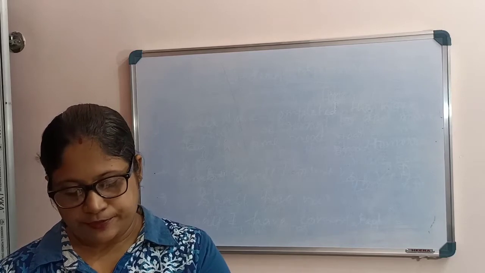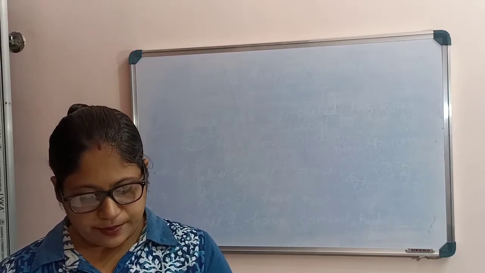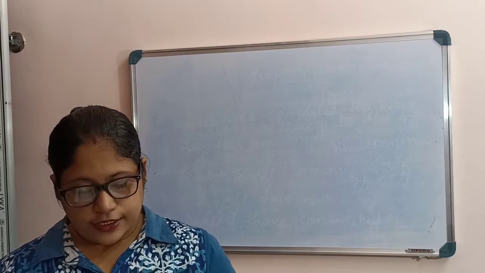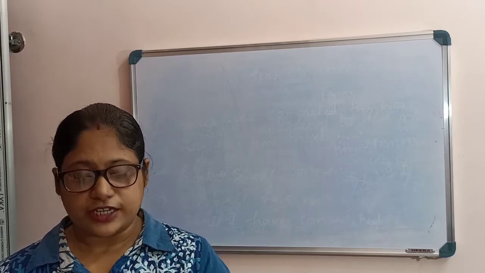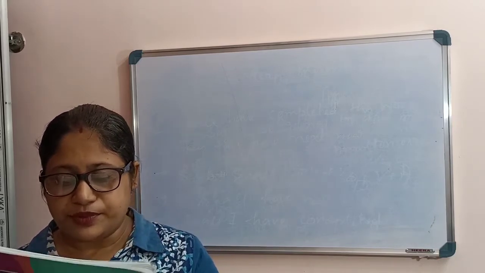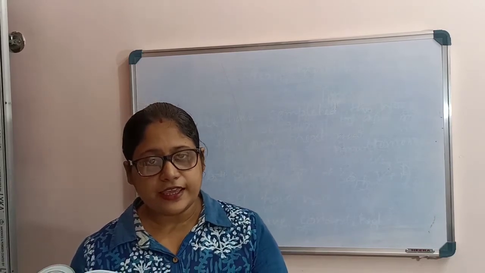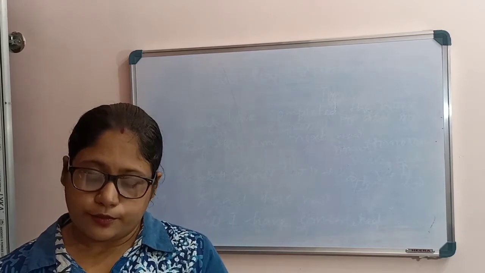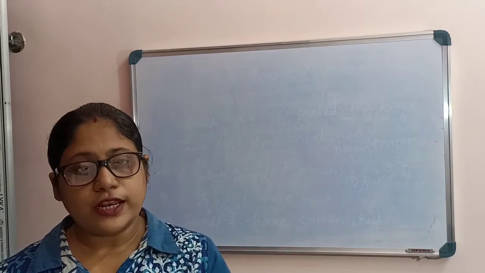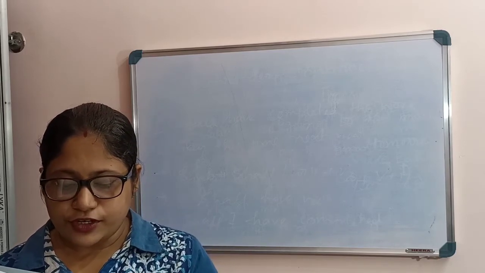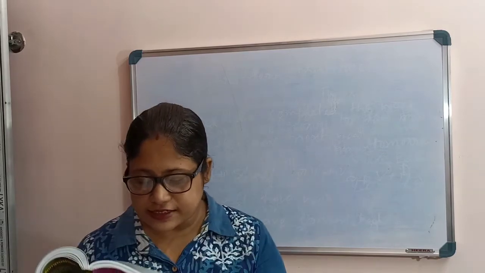Now exercise B, where we were asked to fill these blanks using simple future or future continuous. The first blank was: I dash to the beach tomorrow. Obviously, I shall go to the beach tomorrow, or I will go; either will or shall. Number 2: right now I am playing video games, tomorrow at this time.